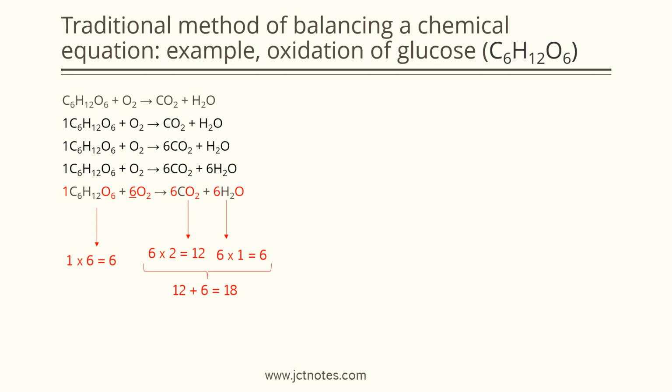Therefore, we have 18 atoms of oxygen in the products. As the glucose contributes 6 atoms of oxygen, the molecule of oxygen needs to contribute 12 atoms of oxygen to balance the equation. Each molecule of oxygen contributes 2 atoms of oxygen, therefore we need 6 molecules of oxygen.